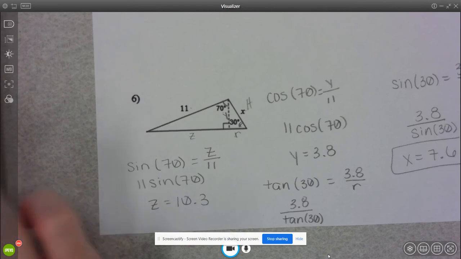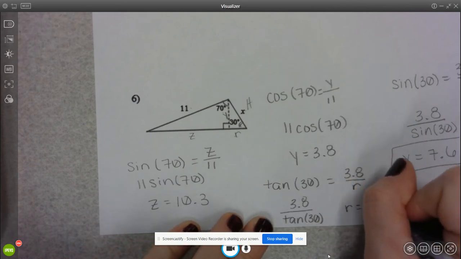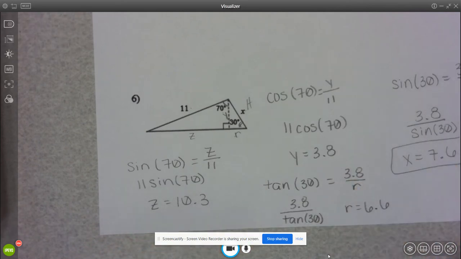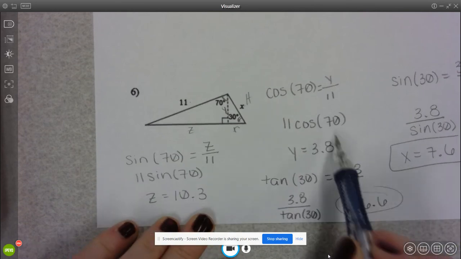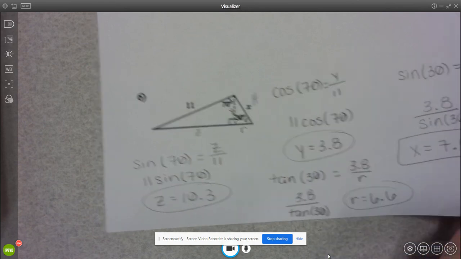Oop, helps if I clear my calculator. So then r would be 6.6. Again, that's if a question asks you to find all the missing sides and not just one missing side.